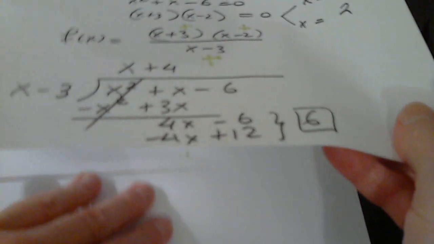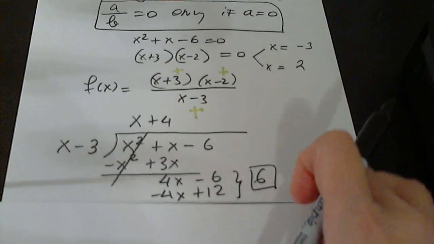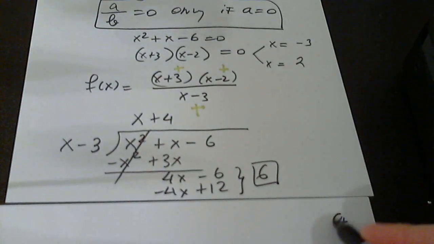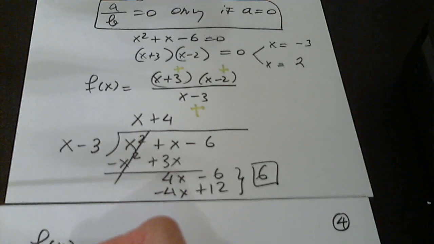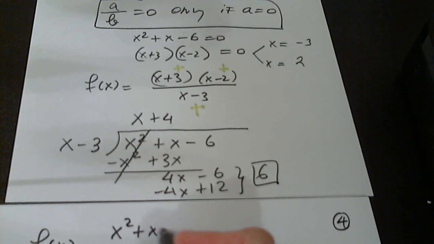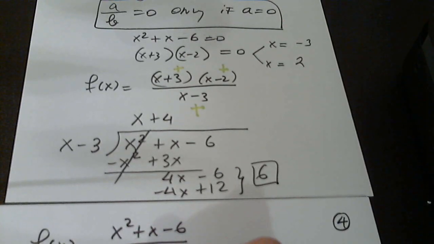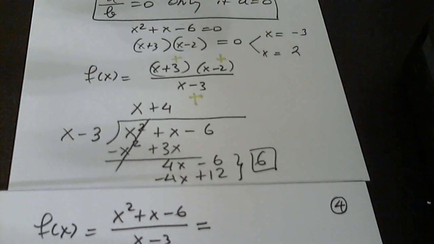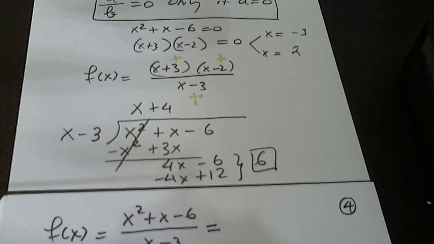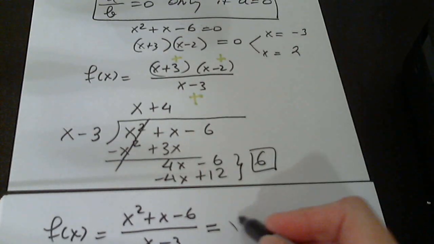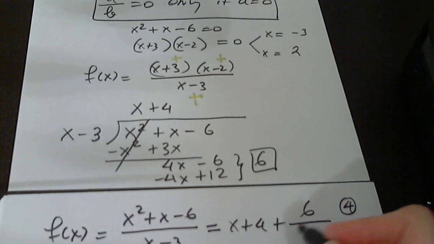So the function, that's why we studied section 3.3. So then the function f of x that initially was given to us like this, how am I going to write it? That's what we did in 3.3. Plus 4 plus 6 over x minus 3. Exactly.